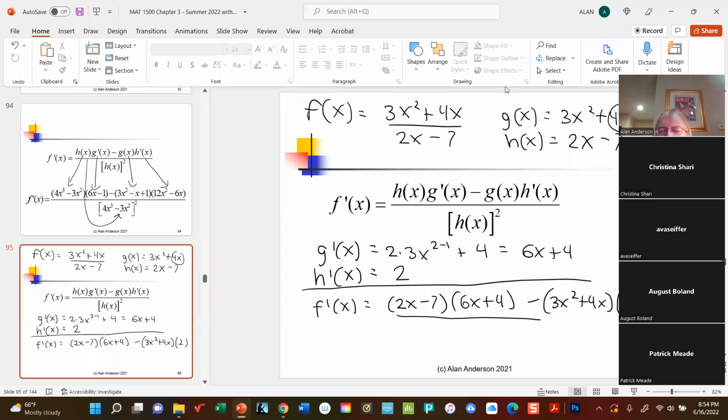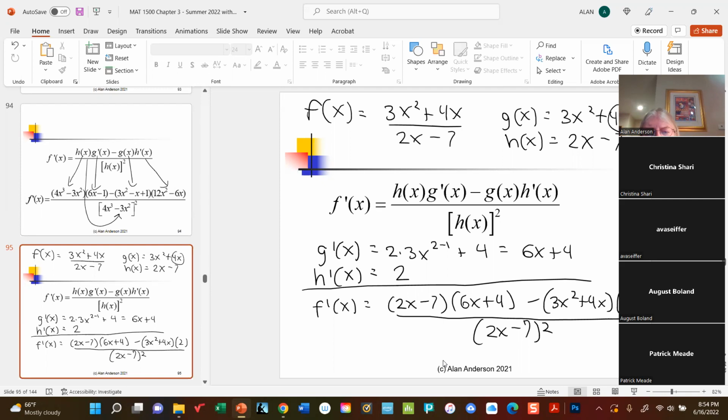And all of that is divided by h of x squared. And that's it. Okay. And again, if there's some good reason for it, you can multiply this out and maybe try to simplify it a little bit, but we can just leave it right here.